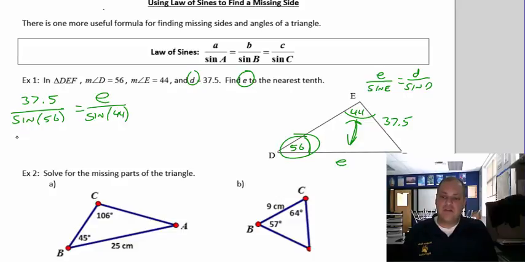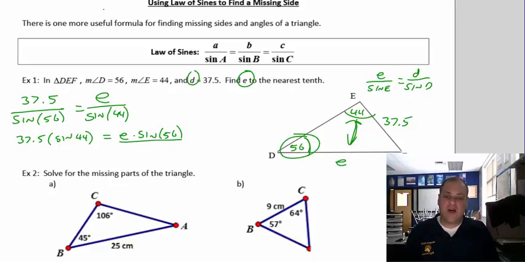You're going to get 37.5 times the sine of 44 equals e times the sine of 56. And then we're solving for e, so we're going to divide by the sine of 56. And that cancels out.